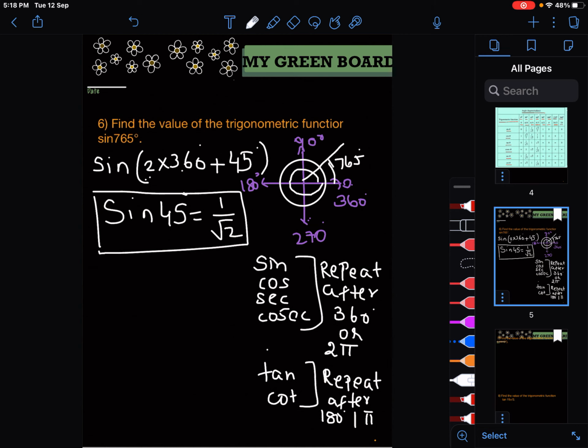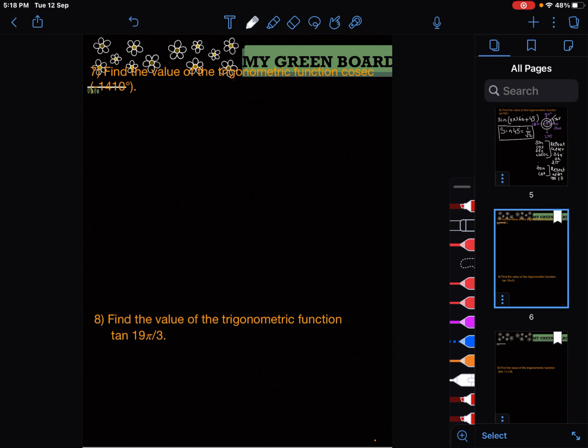You can use the identities, or you can use this kind of thing: number of multiples of 360 plus whatever we need to add or subtract so that we can get the answer. Now let us do some more sums so that we will be familiar with this.